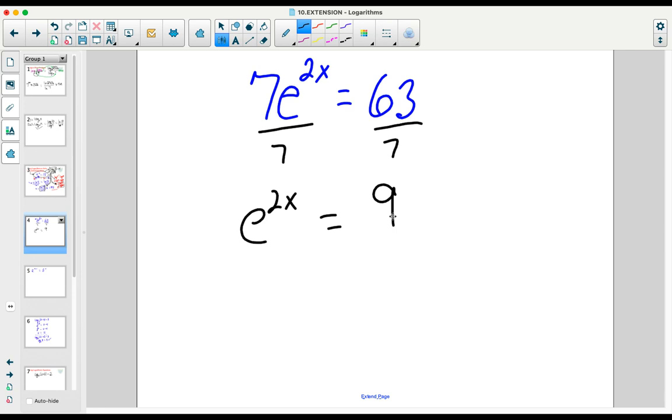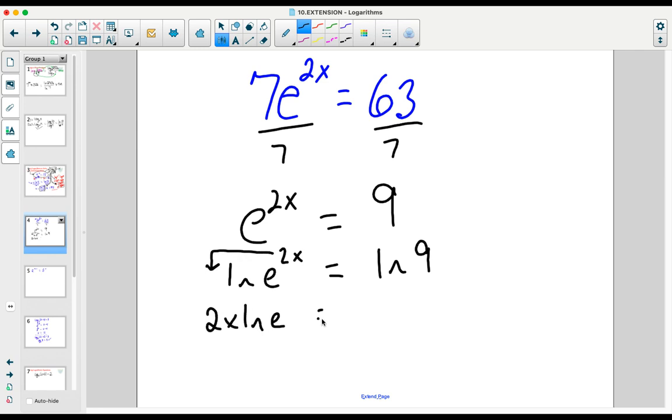We know there's no whole number power that gets us from e to 9, so we take the natural log of both sides. The natural log is the best choice here as we have a base e expression. The power rule for logarithms allows us to bring that 2x down to the front, leaving the natural log of 9 by itself.